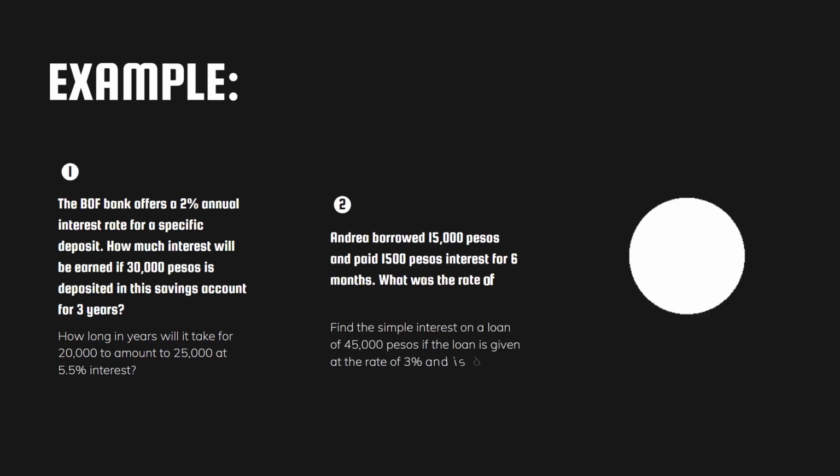Andrea borrowed 15,000 pesos and paid 1,500 pesos interest for 6 months. What was the rate of interest? Find the simple interest on a loan of 45,000 pesos if the loan is given at the rate of 3% and is due in 1 year and 6 months.